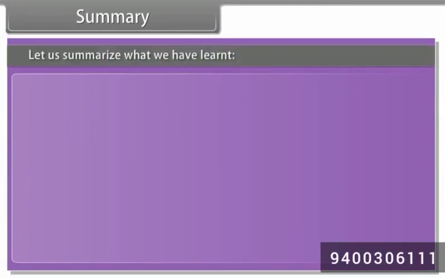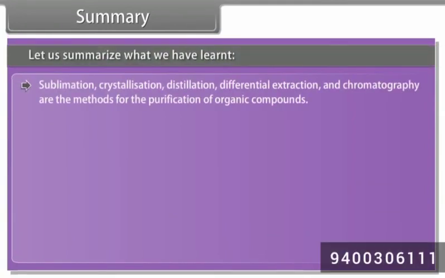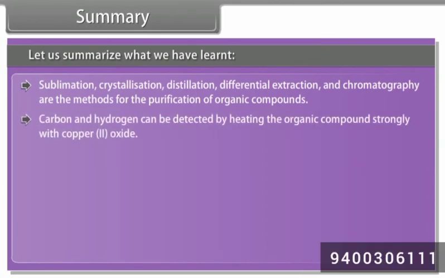Summary: let us summarize what we have learnt. Sublimation, crystallization, distillation, differential extraction, and chromatography are the methods for the purification of organic compounds. Carbon and hydrogen can be detected by heating the organic compound strongly with copper-2 oxide.